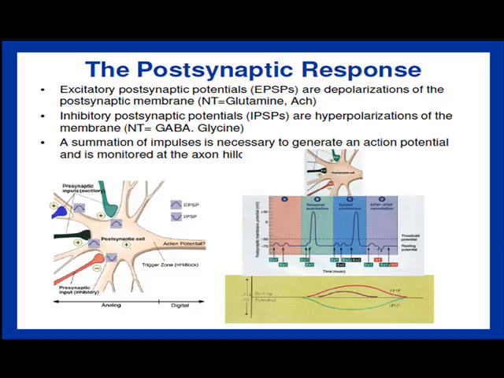All right, postsynaptic response. If on the presynaptic side we've got neurotransmitters being released, do we always get an action potential being fired at the postsynaptic side? No, we don't. It depends on a lot of factors.